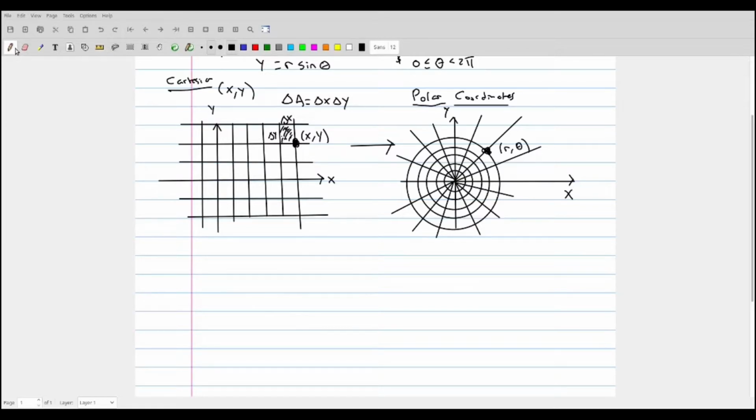In looking at these two pictures, you can hopefully see that the main difference here is that the shape of boxes in the new coordinate system in polar coordinates are fundamentally different than the shape of boxes in Cartesian coordinates.